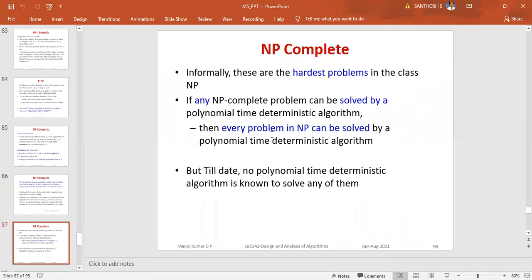Understand this carefully. But to date, no polynomial time deterministic algorithm is known to solve any of them.